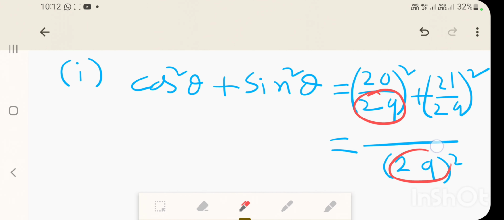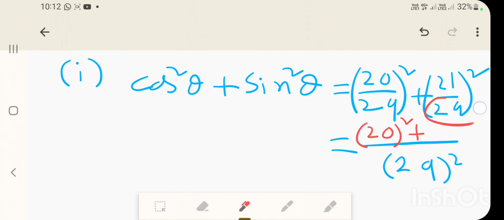For the first term, the 29 square cancels and we get 1 into 20 square. In the same way for the second term, the 29 square cancels and we get 1 into 21 square.